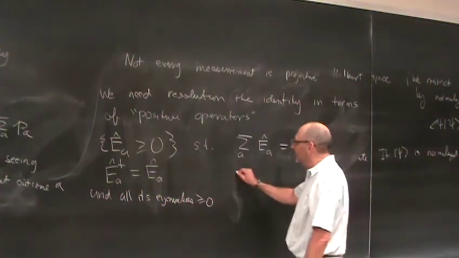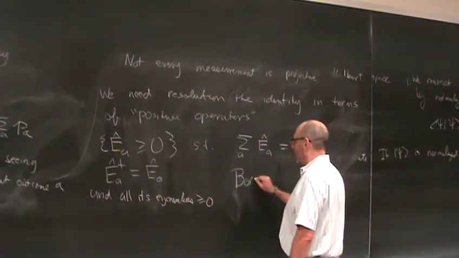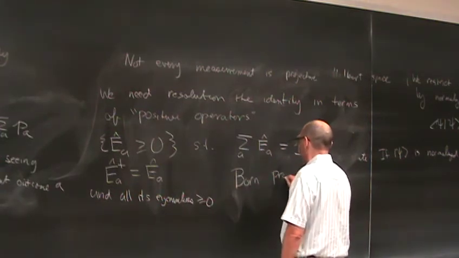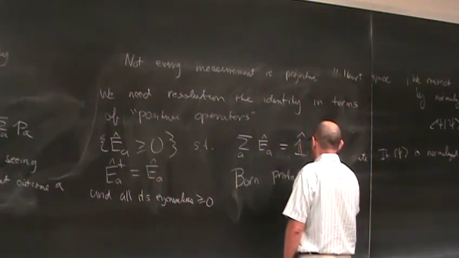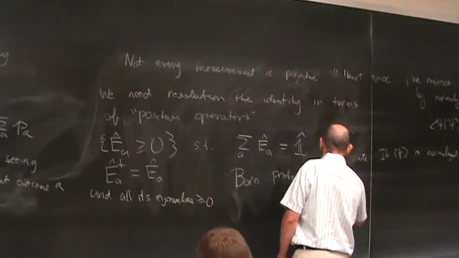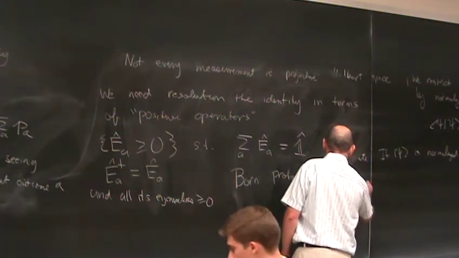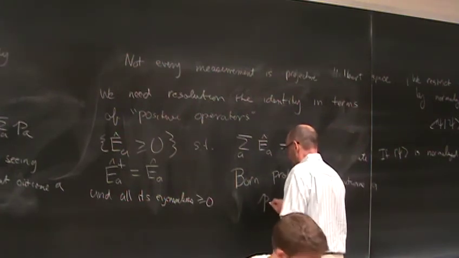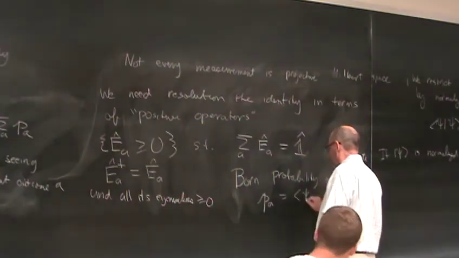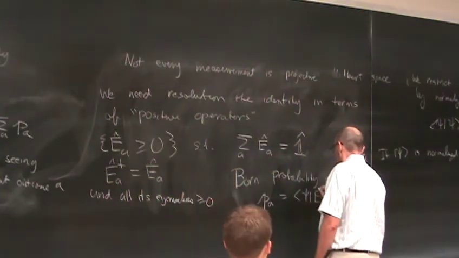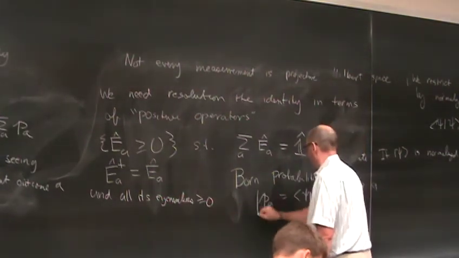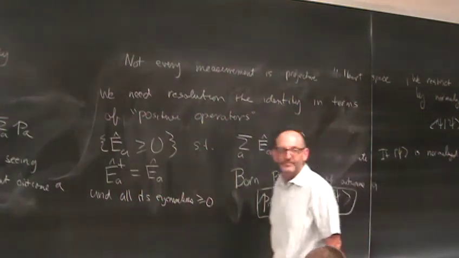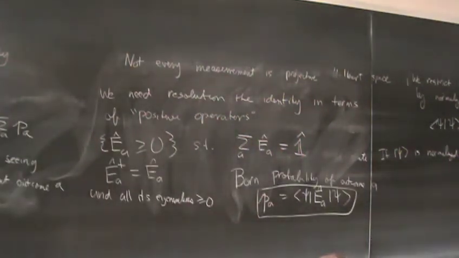Then the generalized Born rule is the following. The probability of outcome A is, instead of having the projector, I have this positive operator. That's the Born rule.